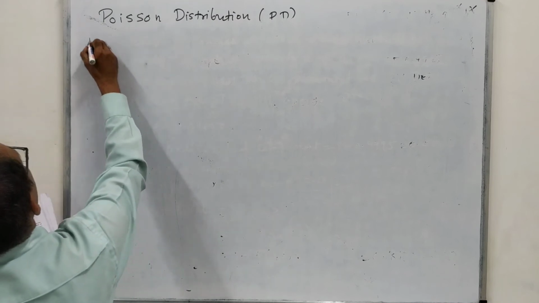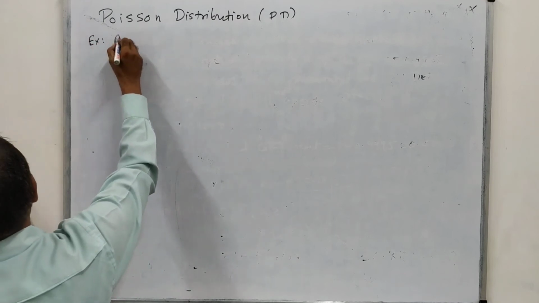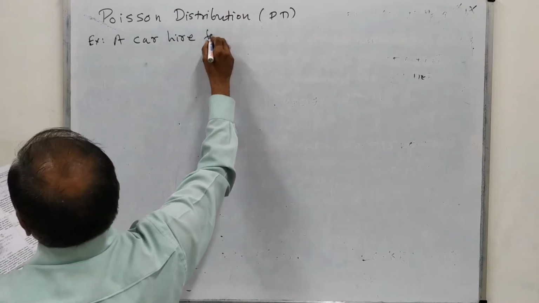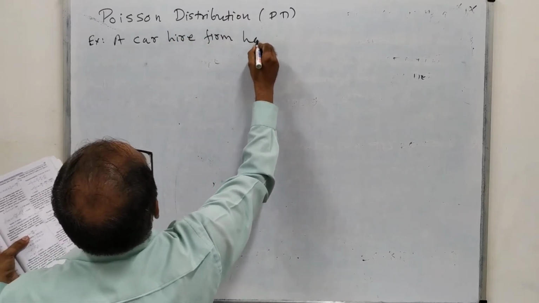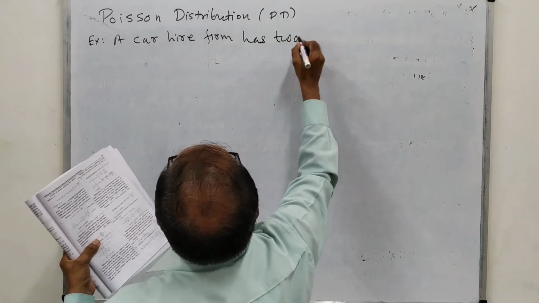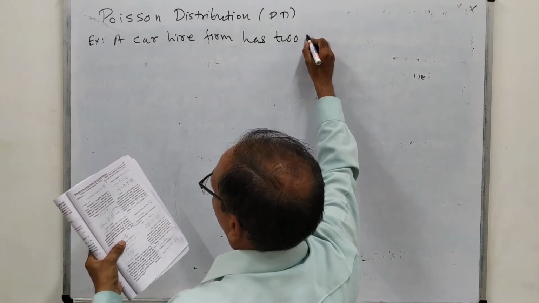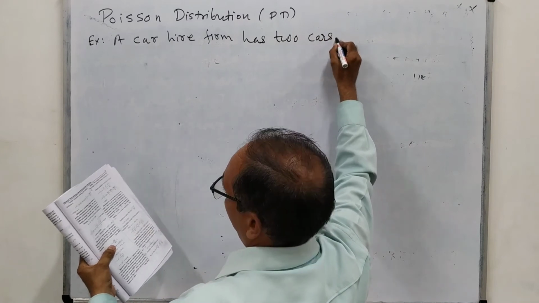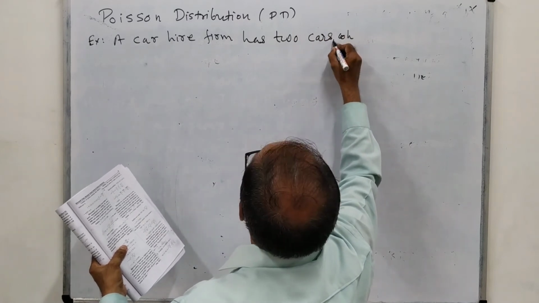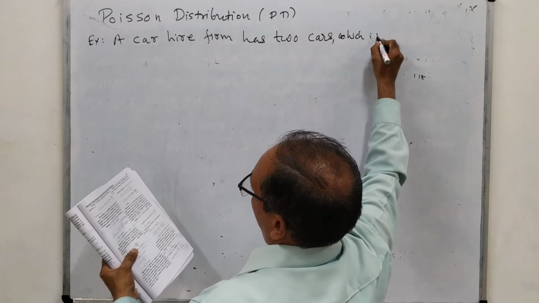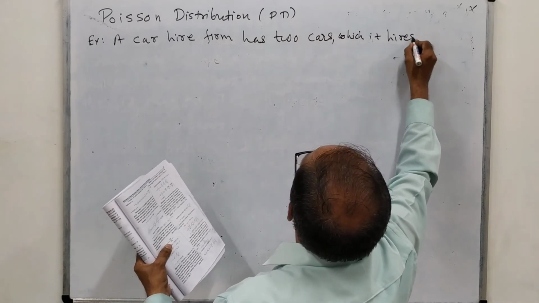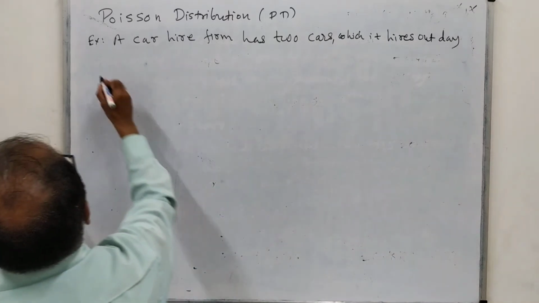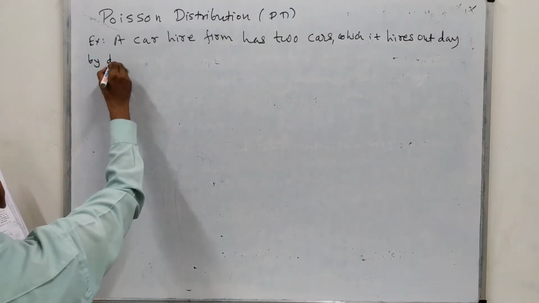For example, a car hire firm has two cars. That means a car hire firm has two cars. Only two cars are there, which it hires out day by day.